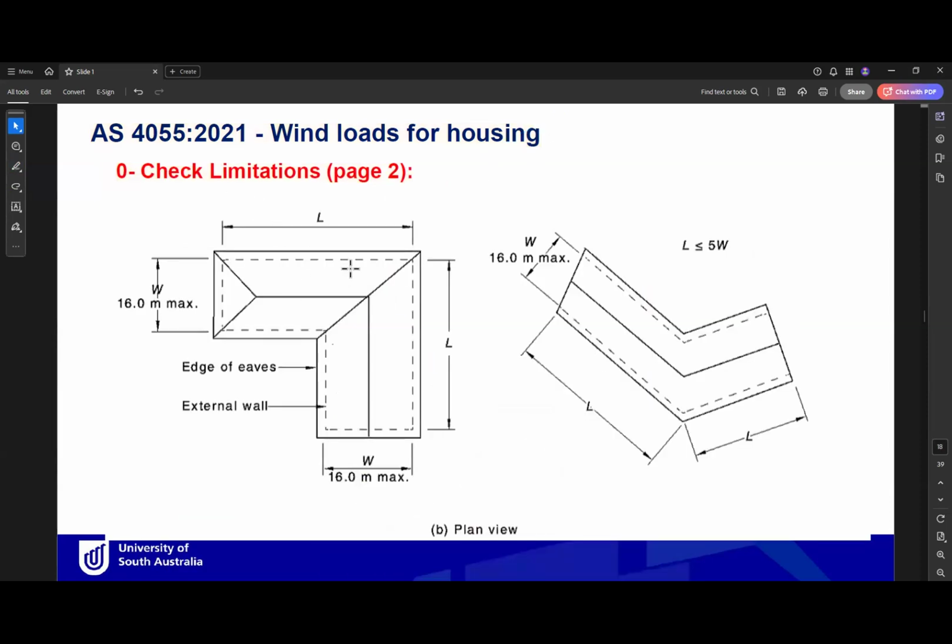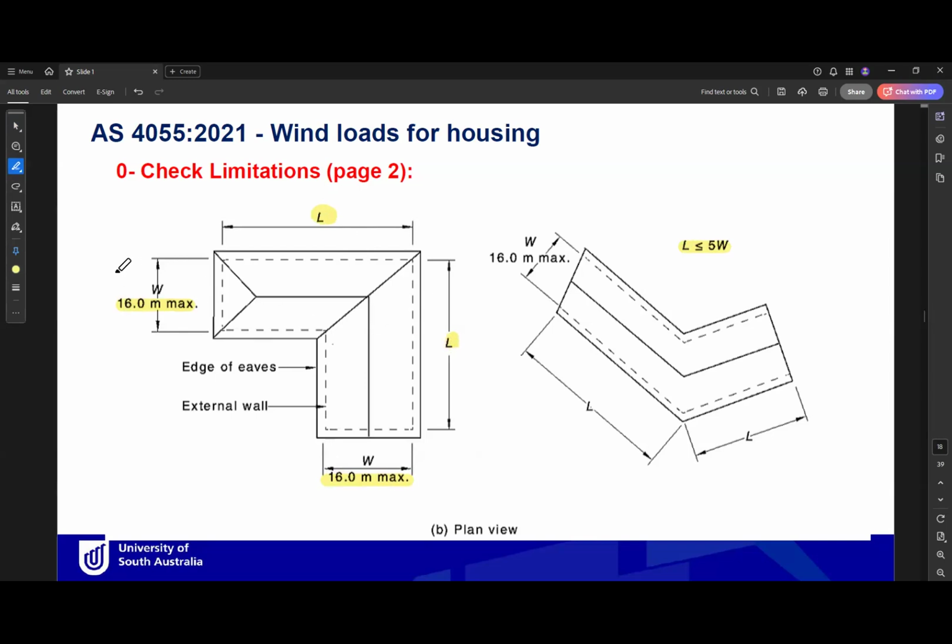And this was for the elevation. For the plans, again, the maximum width of the building is 16 meters, so anywhere the maximum width is 16 meters. And L is less than or equal to 5W, where L is the length of the building.